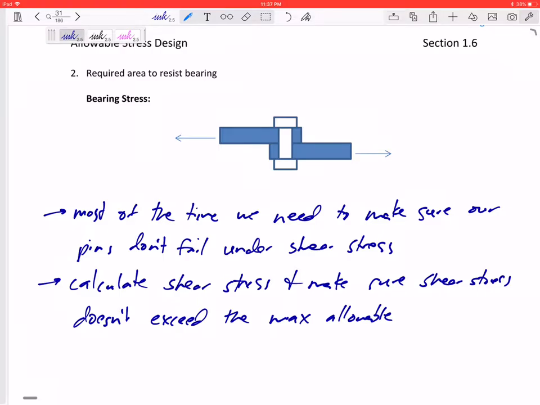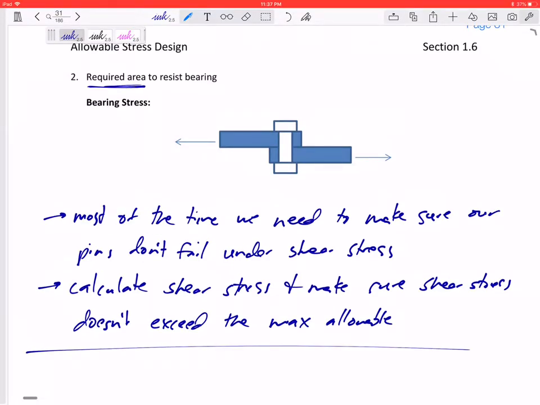Okay, but if we're told to make sure it doesn't fail due to bearing stress, then this is what we're going to have to do. So we might need to calculate the area to resist bearing failure.